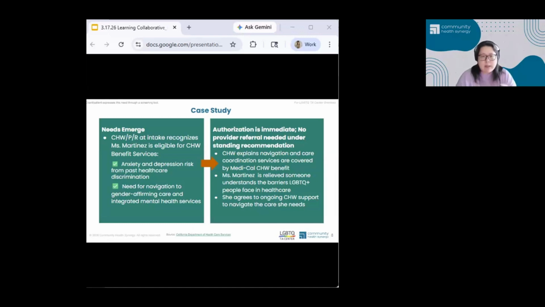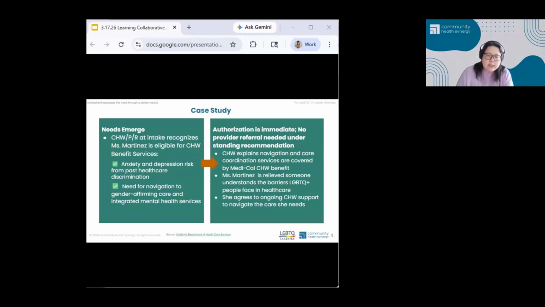She met the eligibility criteria for the CHW benefit, thanks to that standing recommendation policy, which is the authorization to provide CHW services without the need for authorization by a licensed provider. In this scenario, the CHW explained what support is available to Ms. Martinez, who is grateful and agrees to ongoing CHW support from your organization.